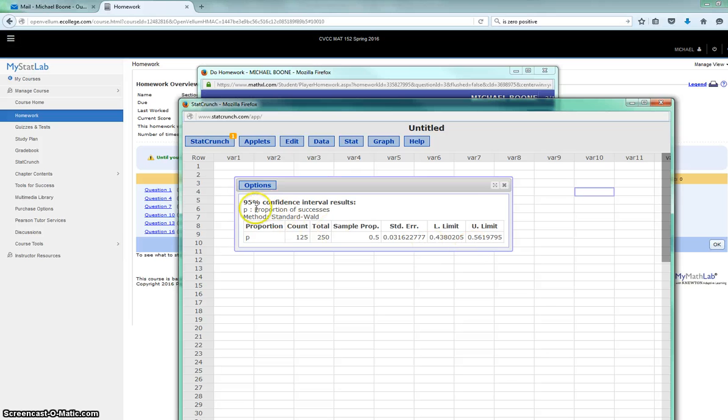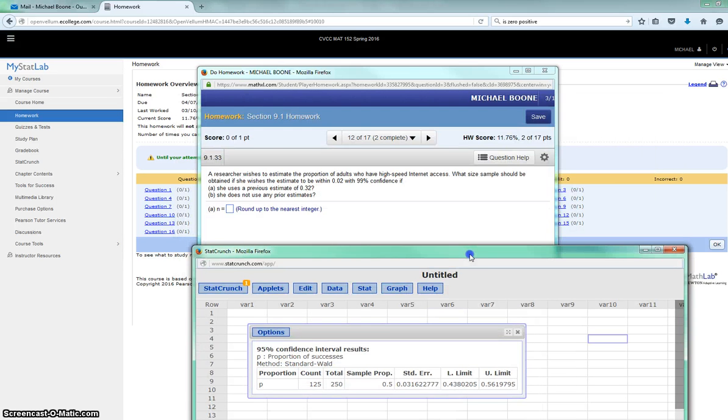But we are 95% confident that our true population proportion is between roughly 44% and 56%. We got 50% in our sample, but we think the true population proportion is between 44% and 56%.